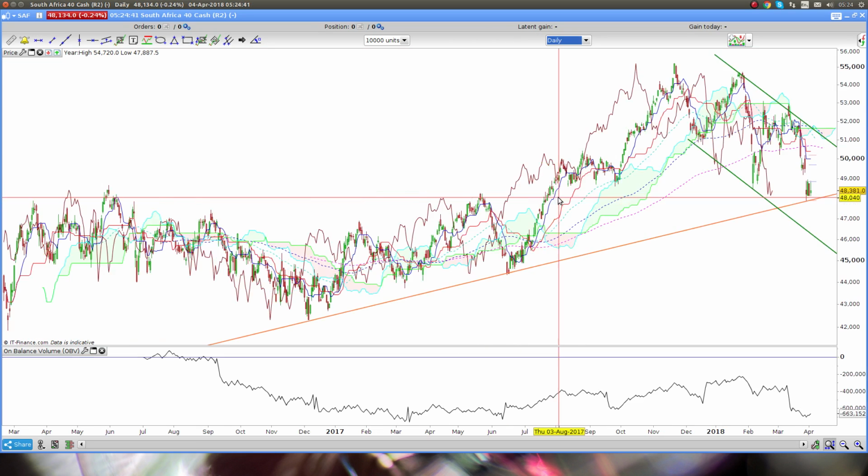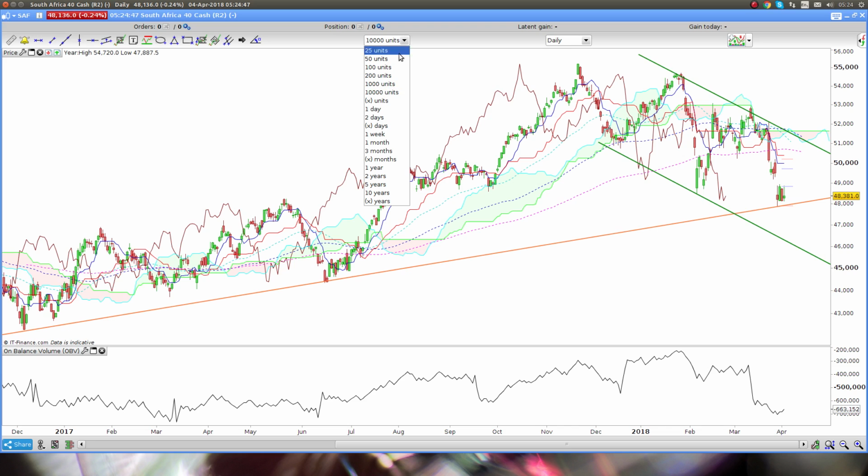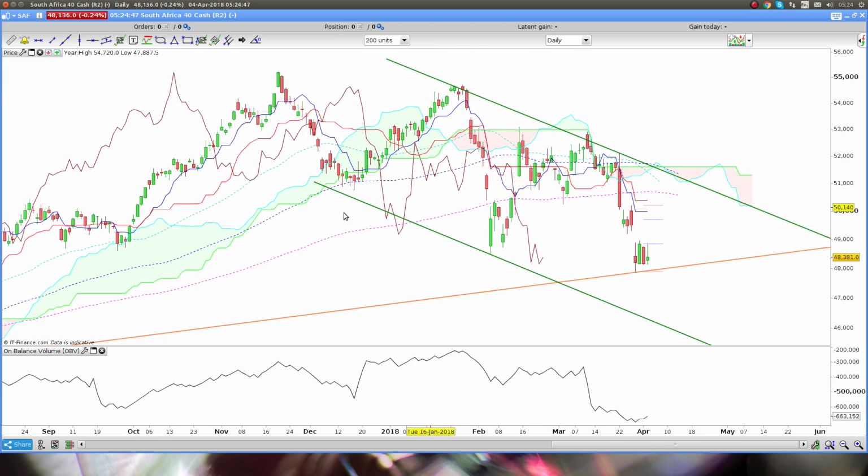Let's just move to the daily. Clean that up a bit. Right, so on the daily, obviously we are quite far below the 200 moving average. We've had a 50 and 100 period moving average on the daily, and there's been a crossover there, right in the cloud. And let's just have a look what happened with our levels.